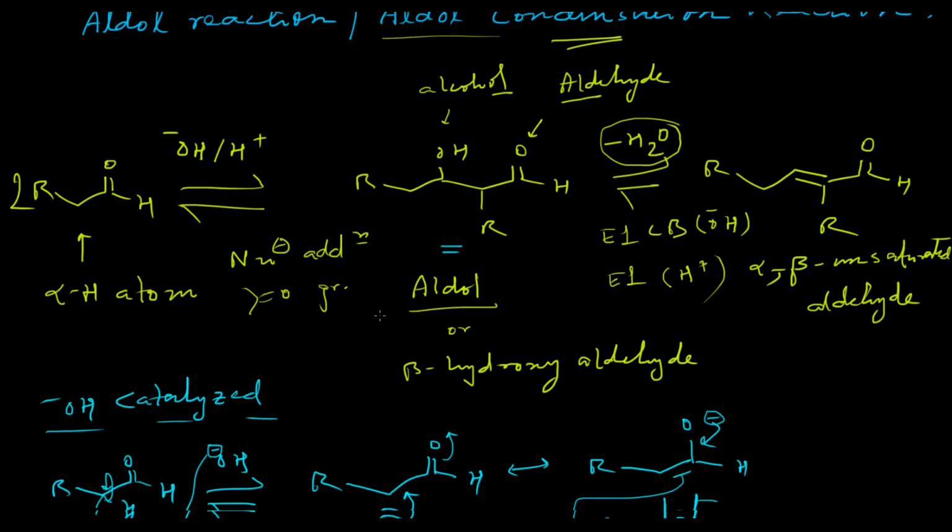But if we increase the amount of base or acid catalyst, as well as if we increase the temperature and we also run this reaction for a long time, then these elimination steps will eventually take place and we will get the alpha beta unsaturated aldehyde as the major compound.